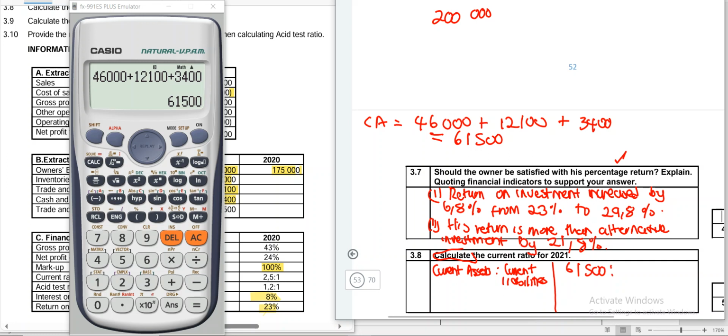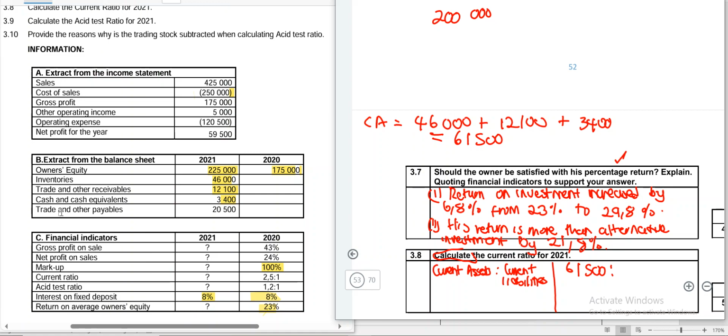We are comparing it to our current liabilities. Current liabilities, according to this, is represented by trade and other payables, 20,500. So this side will be divided by what is on the right, 20,500. Then whatever we get, it should be something to 1.